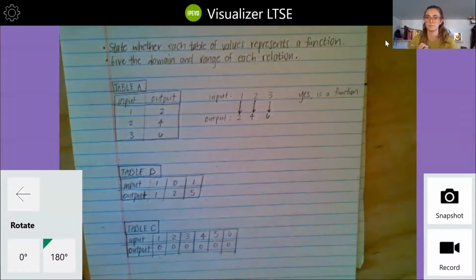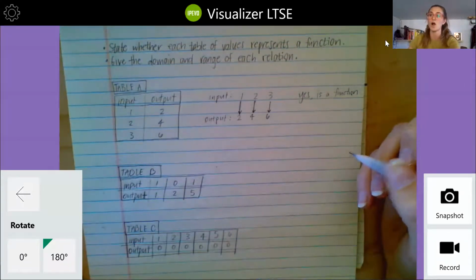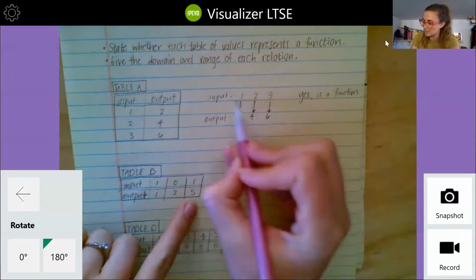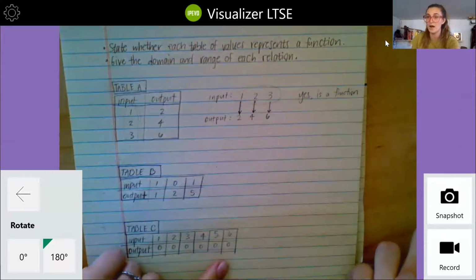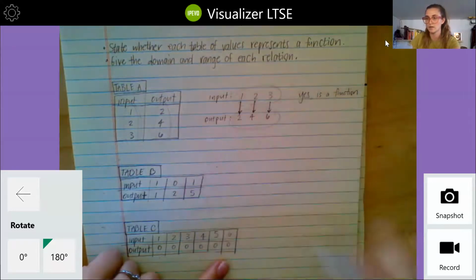Okay. And now let's talk about the domain and the range. So the domain is our set of input values. Our range is a set of output values. So our input is going to be these numbers right here. Our output is going to be these numbers, okay?